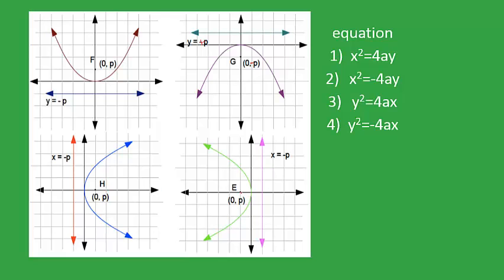In this particular case, we'll have our focus at (minus p, 0) and our directrix will be x equals plus p, and the equation will be this. So just memorize these four equations and the corresponding curves, and it will be easier to follow the basic questions.